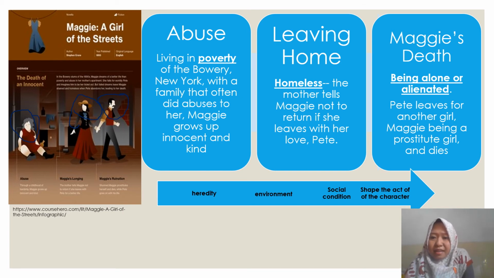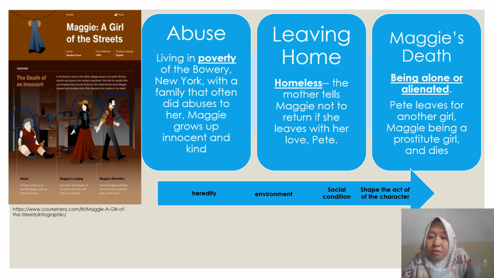Okay, and then what happened next? Do you think that Maggie gets a better future or happy life? But the reality is different: he leaves Maggie for another girl. It means that Maggie is so alone here, loneliness, and she feels alienated by the environment. Ibunya sudah tidak mau menerima, pacarnya meninggalkan dia, dia merasa terasingkan.